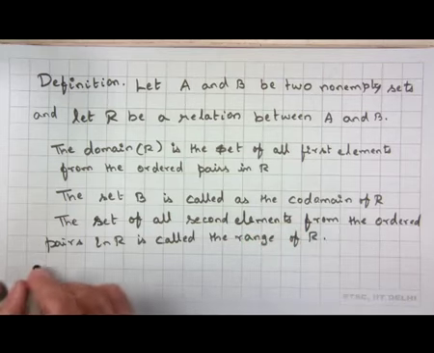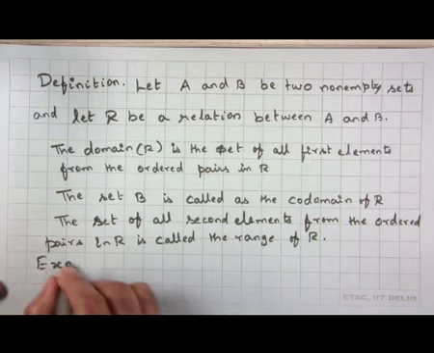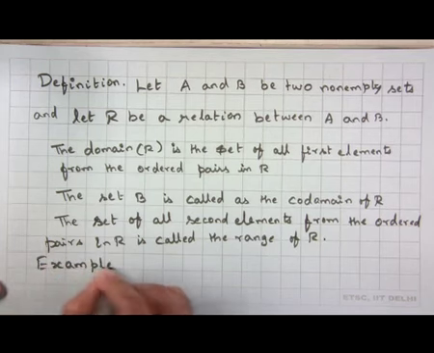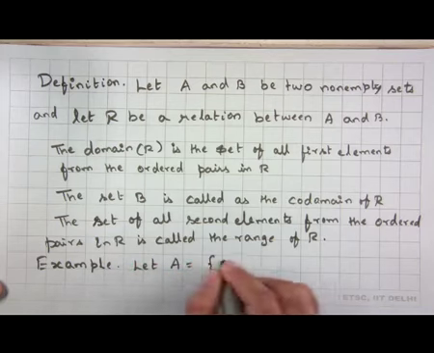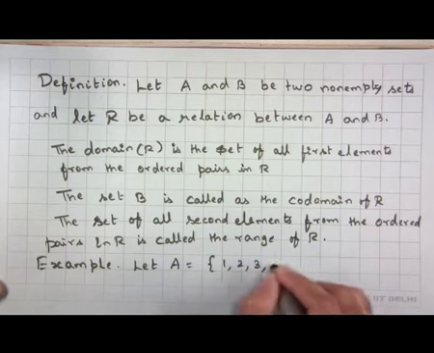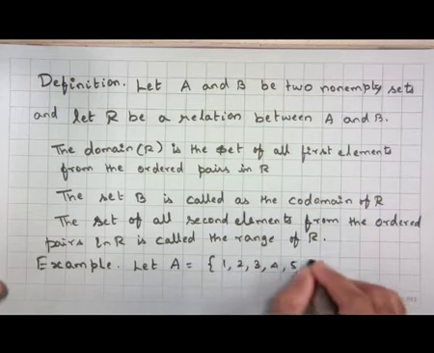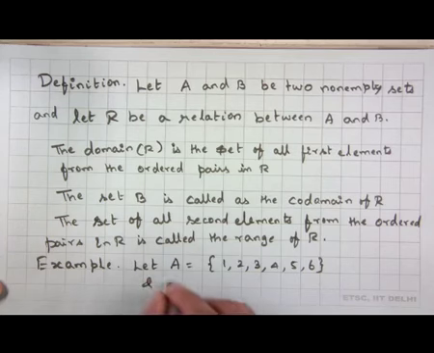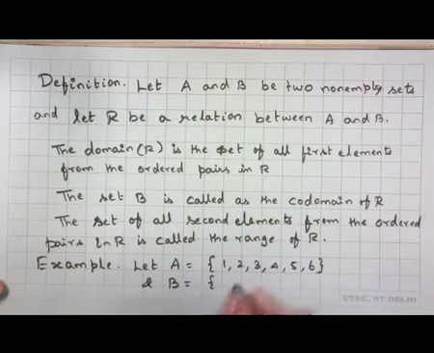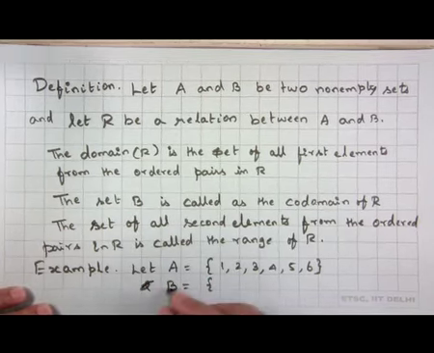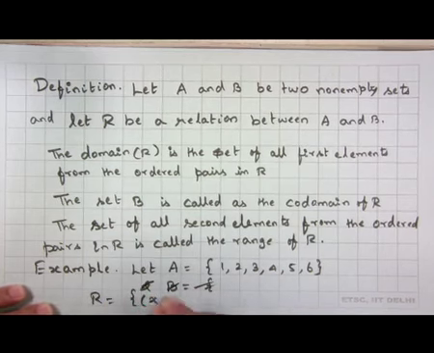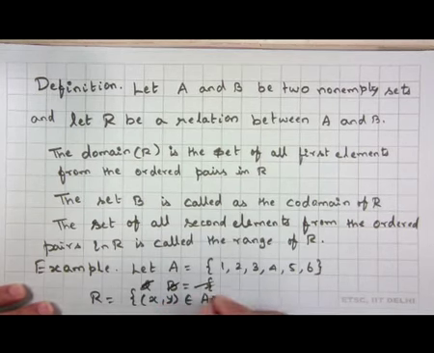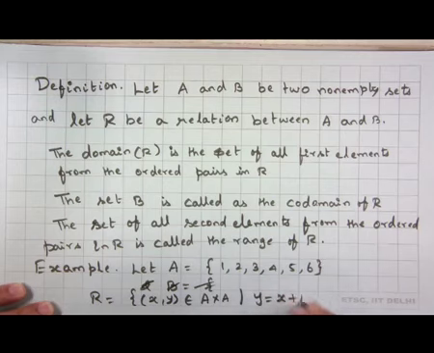Now, let us do one example. Let A equal to {1, 2, 3, 4, 5 and 6}, and B equal to, sorry, we do not need any B. Here R is all those (x, y) in A cross A, such that y equal to x plus 1. Fine.